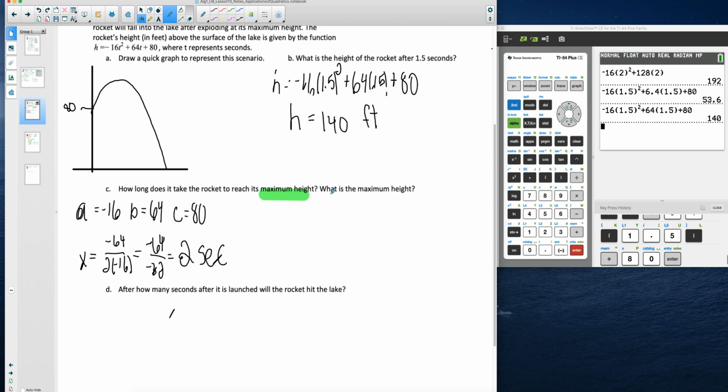Okay, so now what is the maximum height? The way we find the maximum height is we take 2 and plug it back into our equation.